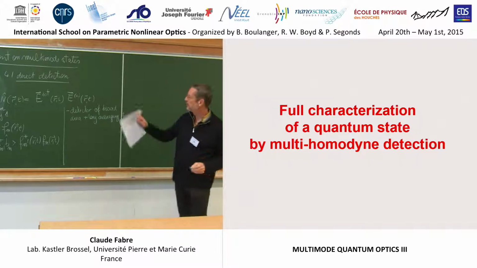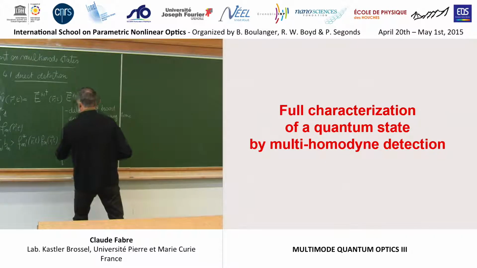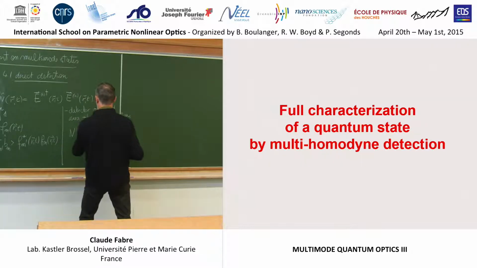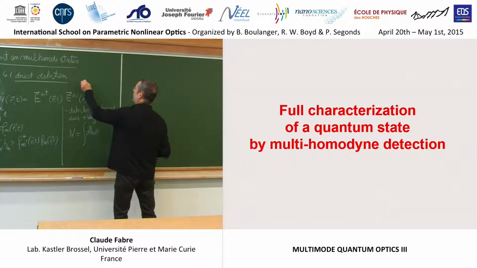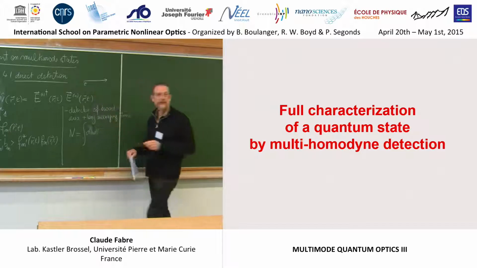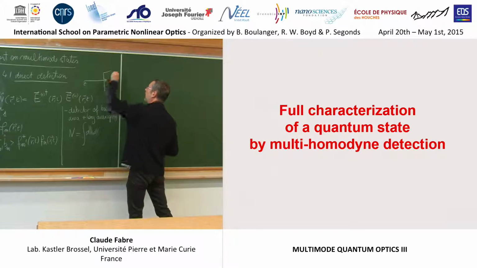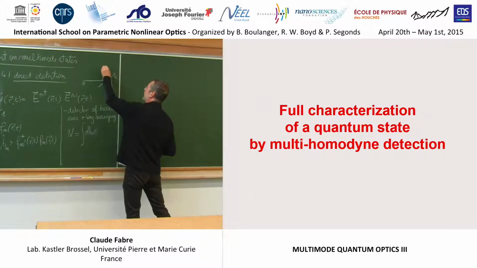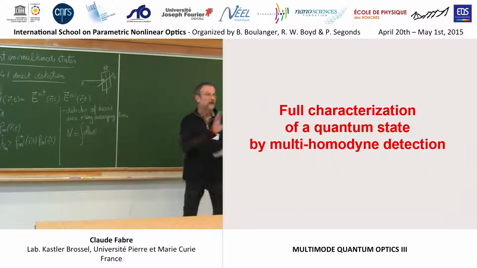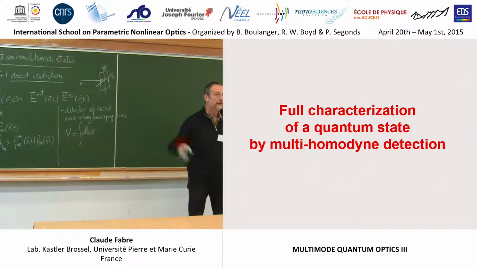Okay, so what you will be sensitive to then will be N, which will be an integral over d2r dt. And okay, let me precise a little bit more. So my field is propagating mostly in the z direction, okay? And what I use is a detector which is large enough so that it integrates all the field in the transverse direction.